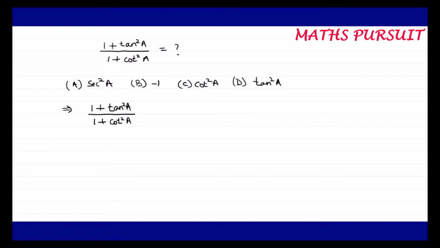Guys, I told you earlier also, whenever we get anything like tan or cot, let us convert these things in terms of sine and cos. So let us rewrite the above equation. We very well know that tan a is equal to sine a upon cos a.